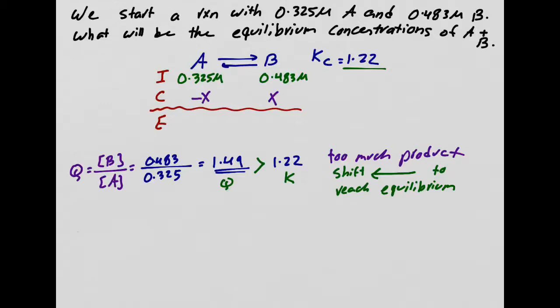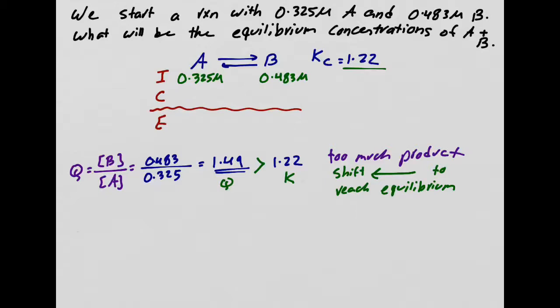If I have too much product, that means the reaction has to shift to the left. It has to shift to the reactant. So I need to form more reactant to reach this number. A has to go up in order for me to reach 1.22. And 1.22 is equilibrium, my stable state. Okay. So based on that, what needs to go away?